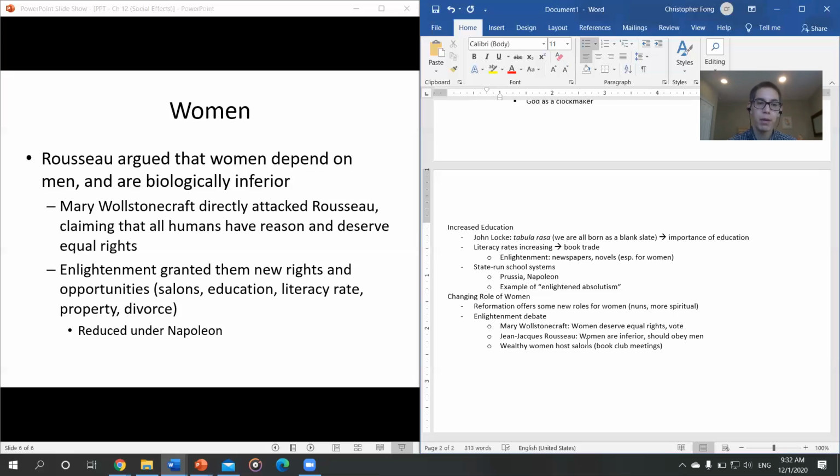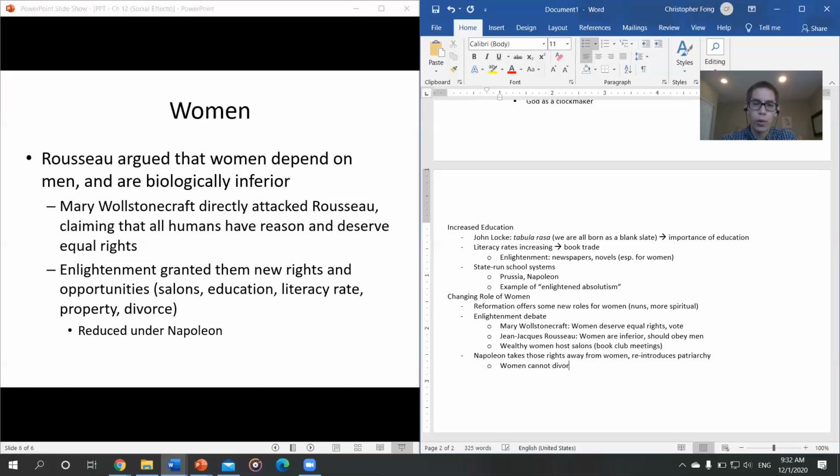So it says there, the Enlightenment granted women new rights, like being able to host salons, getting an education, increased literacy rates for women. For a short time, at least, women were able to own property, and women were able to divorce an abusive husband, for example. But Napoleon takes those rights away from women, and he really reintroduces a patriarchy or a male-dominated system.